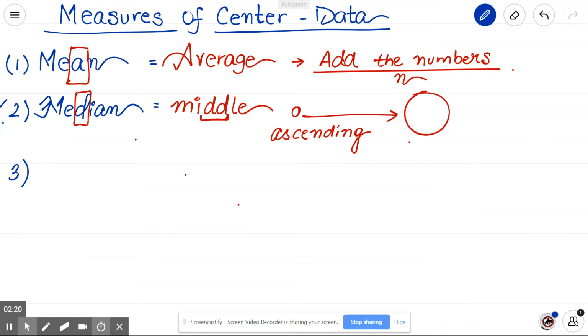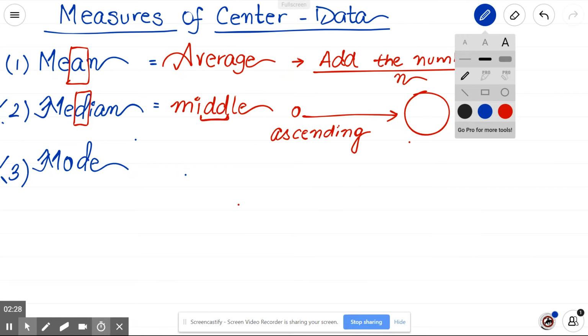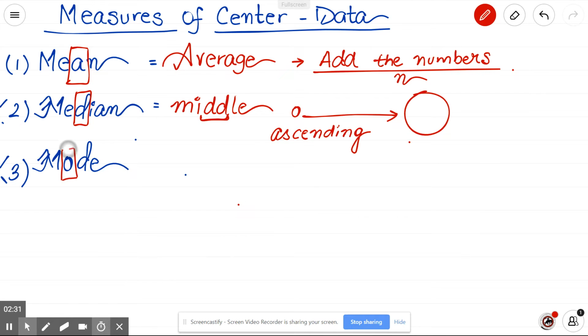Next up, point number 3 is called mode. And with mode, I will highlight the letter O here. So with the mode, we will understand the word often.